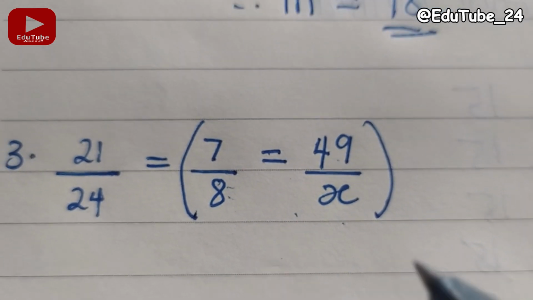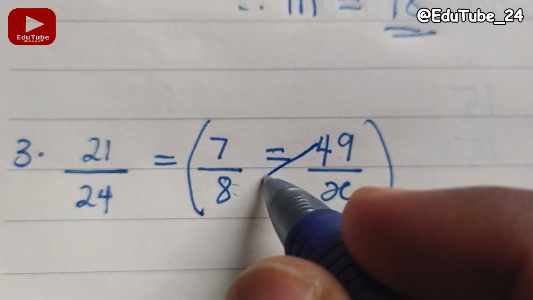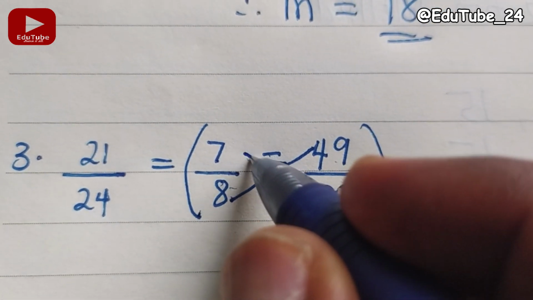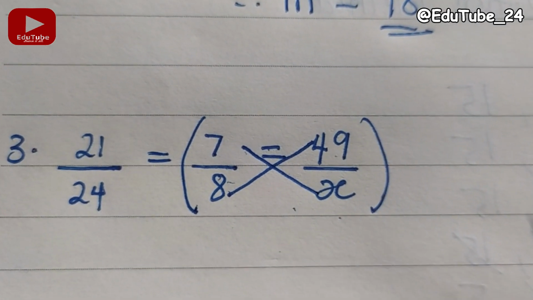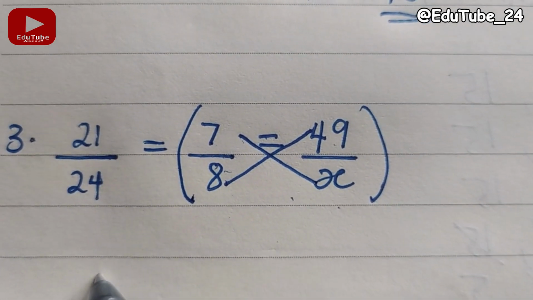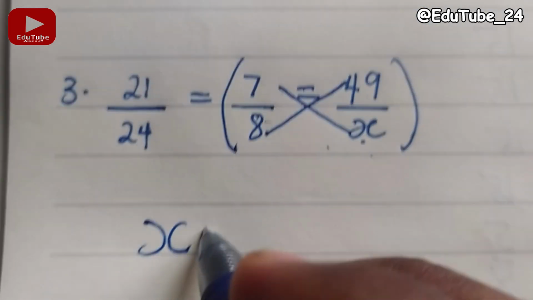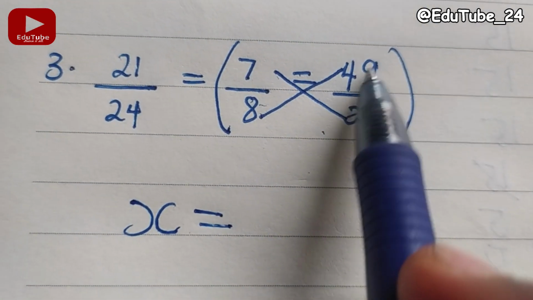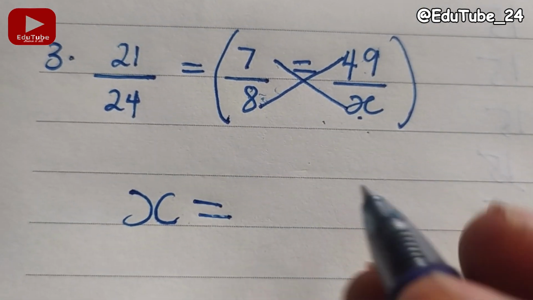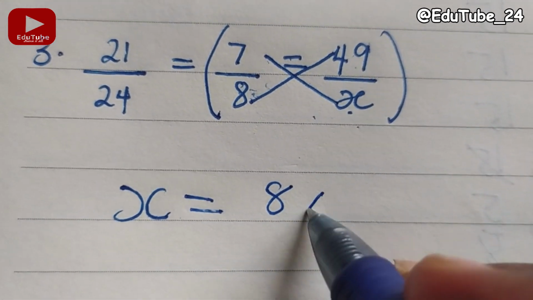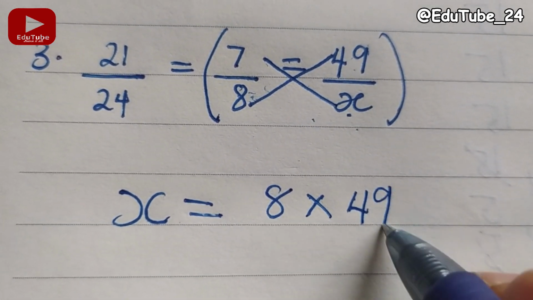Now, using the cross multiplication method, it will mean that I'll multiply 49 by 8 and I'm supposed to multiply 7 by x. But the shortcut to avoid waste of time, I'll simply bring out my x and say x, since it's my unknown, is equal to these two numbers that I want to multiply. I'll write 8 times 49.